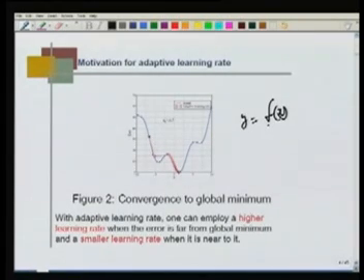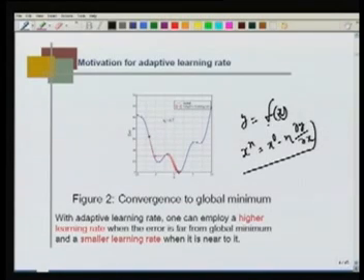But if I can change this initial position to this point, then I can come here by using the rule x new is x old minus eta del y by del x. So, this is my normal principle of gradient descent, that I can come to the local minimum which is nearest to the starting initial point, but such a weight update does not guarantee that I can reach here.